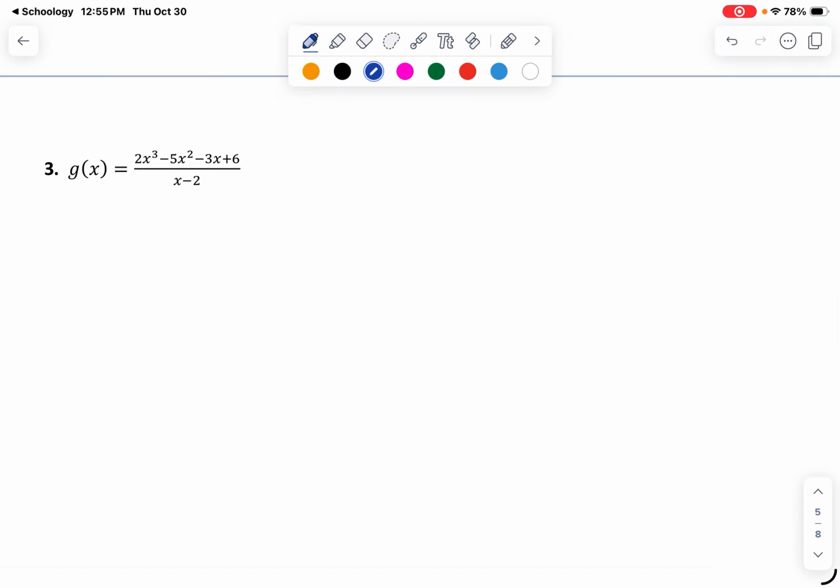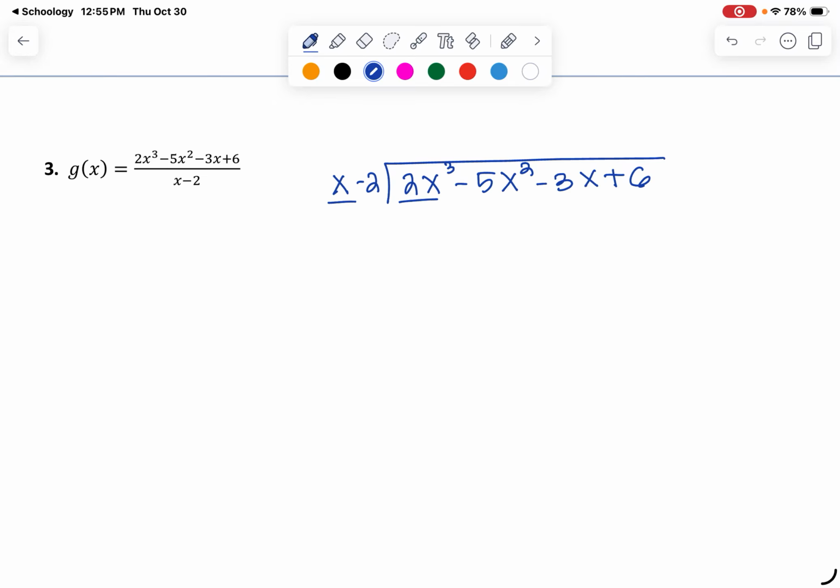All right, so x cubed, x squared, x, no x's, nothing skipped over. 2x cubed minus 5x squared minus 3x plus 6 divided by x minus 2. All right, what do I multiply an x by to get a 2x cubed? That's 2x squared, and I'm going to write it above my negative 5x squared. Okay, next, distribute the 2x squared to your divisor.